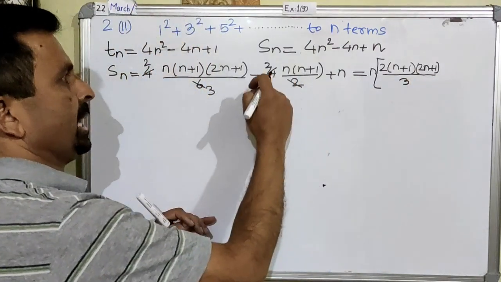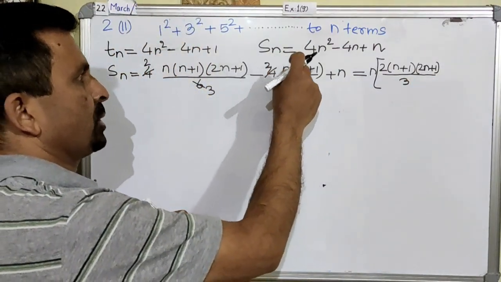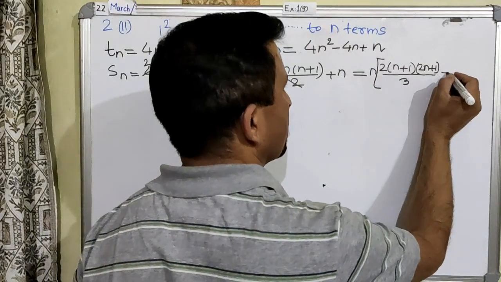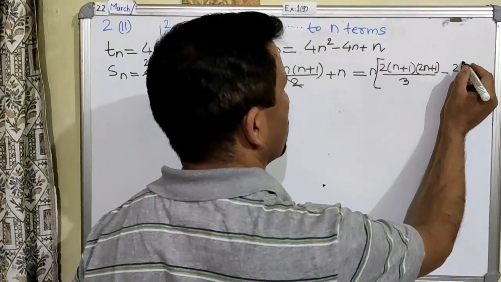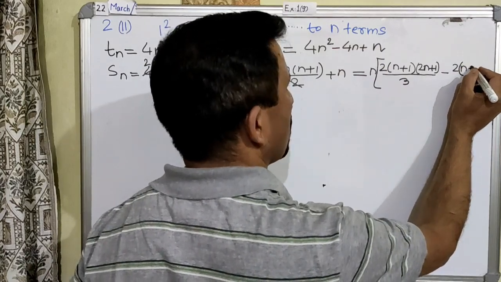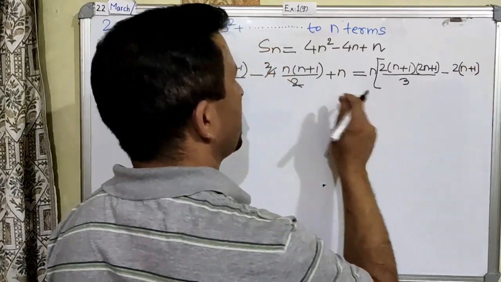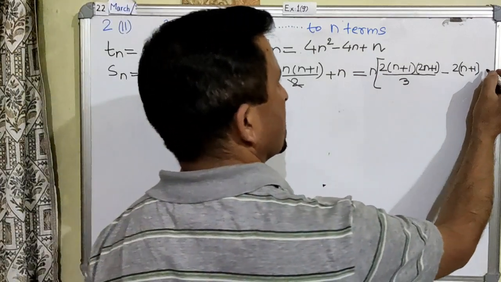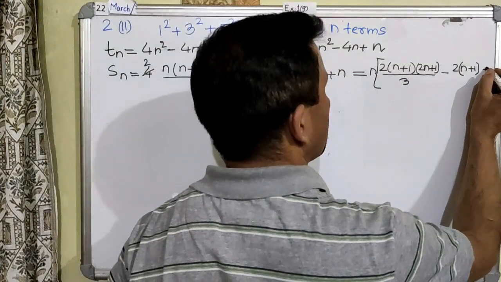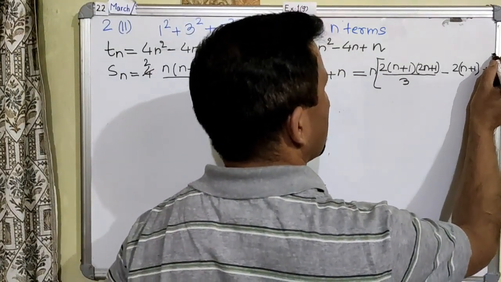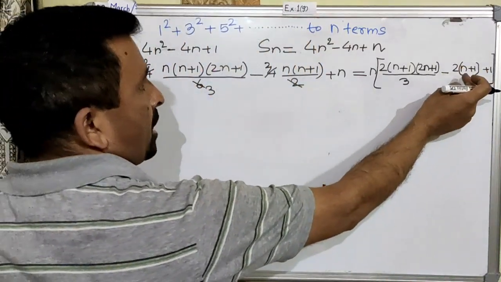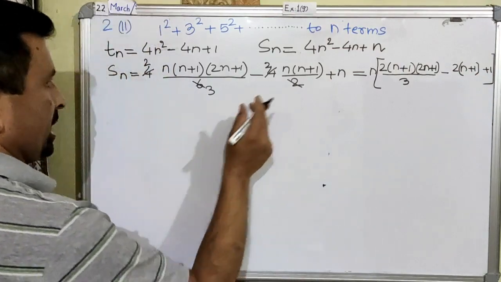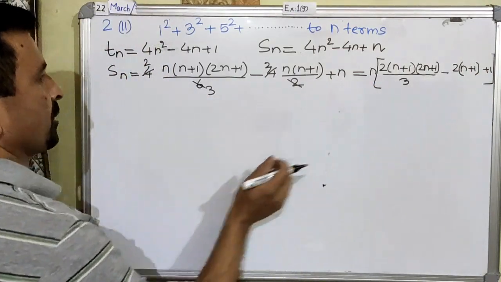From here, this n is gone. That means we will be left with 2(n + 1) minus 2(n + 1), and this n is already gone out. So this will be your plus 1. Hope this is clear now. Now we can open the bracket and simplify. This part will remain as it is for the time being.